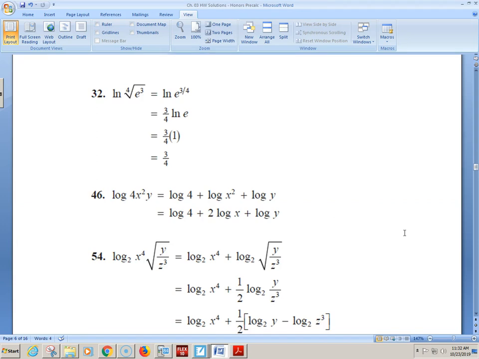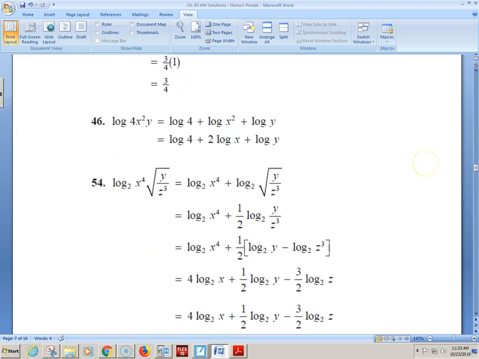32, did you guys make the root into a fractional power? There it is. This one's a little bit easier, maybe. And then just bring it down and simplify. 46, expand. 54, expand. Lots of expanding. Did you guys make sure that both of those got the 1/2 power that came down? Both of them had the 1/2 power.